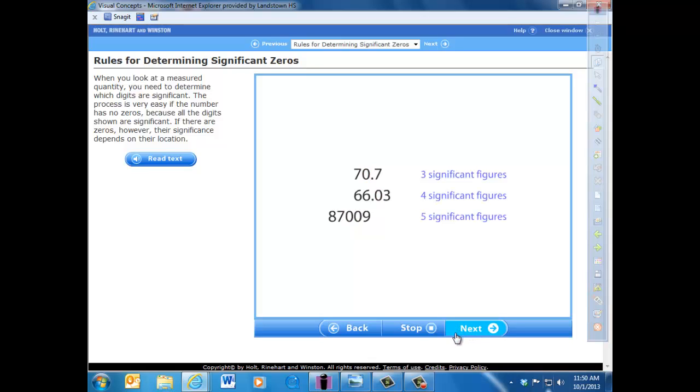We count these zeros when determining significant zeros. Zeros appearing in front of non-zero digits, however, are not significant. We ignore these zeros when determining the number of significant figures.